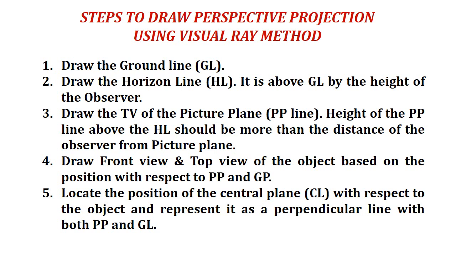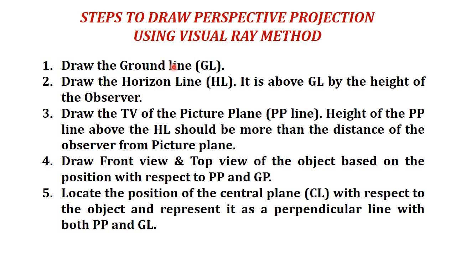So the previous problem we have done with the visual ray method. Basically, these are the steps to follow in the visual ray method. Let me explain. The first step is to draw the ground line at the bottom portion of your paper. Then draw the horizon line.